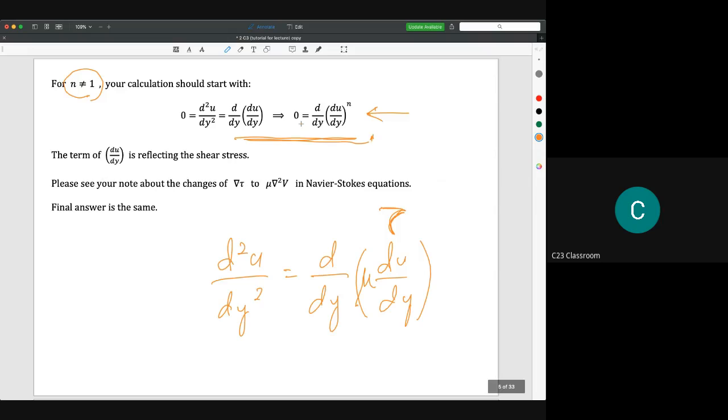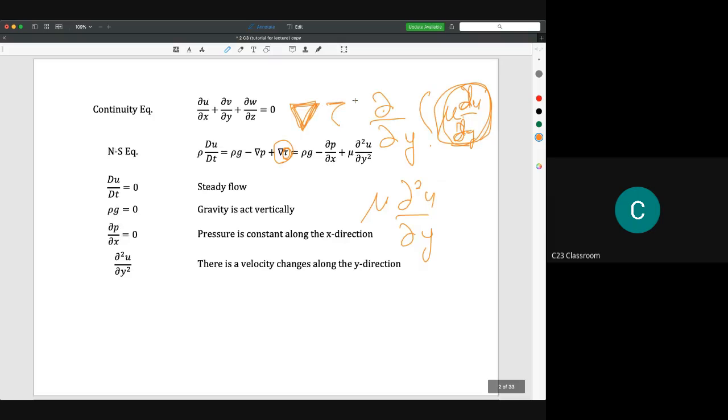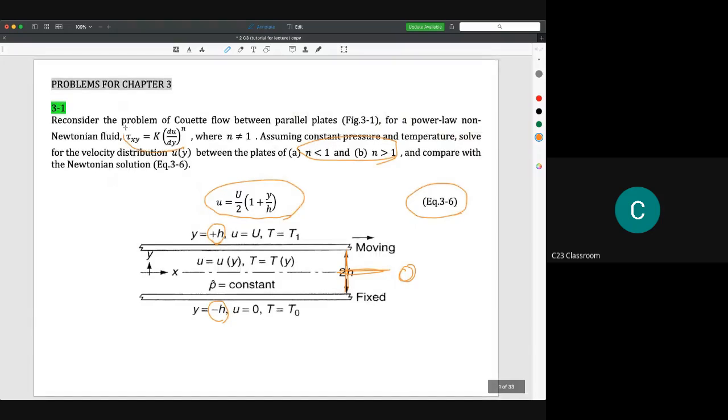If you want to do the integration for n not equal to 1, you need to expand this term and write it as d over dy of du dy to the power of n. Why? Because the shear stress for a non-Newtonian fluid is k du dy to the power of n, and the k here is the dynamic viscosity.